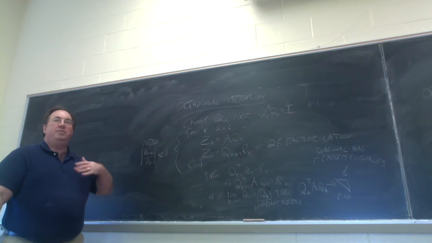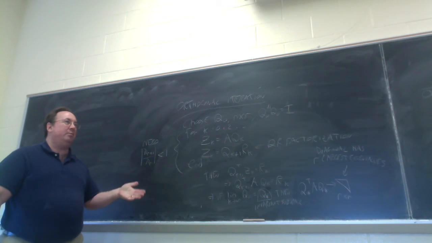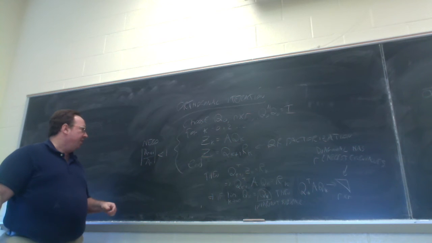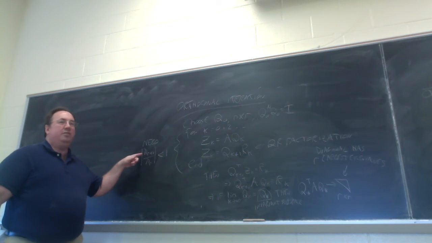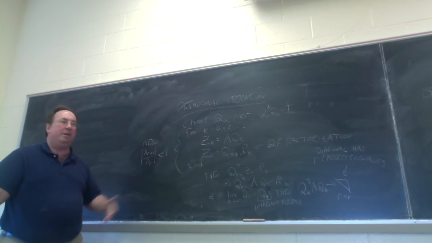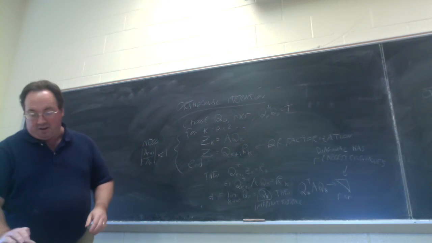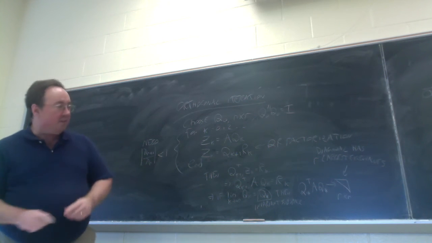So in other words, we've kicked the can down the road as far as separation of eigenvalues. In the power method, the second eigenvalue had to be strictly smaller than the first. So in this case, the first eigenvalue that's not going to be found must be smaller in magnitude than the last eigenvalue that is going to be found. So that's what can be said about orthogonal iteration in general. Okay.